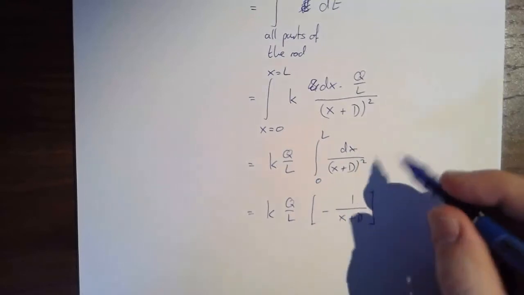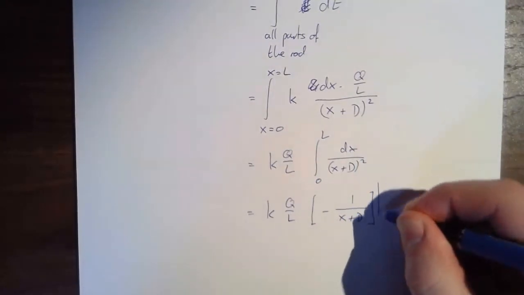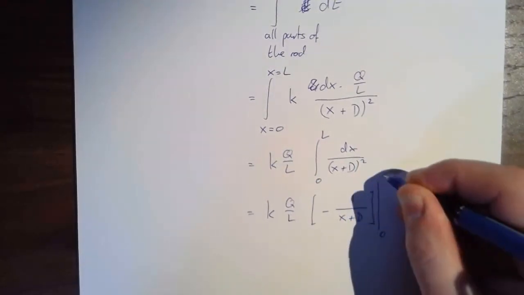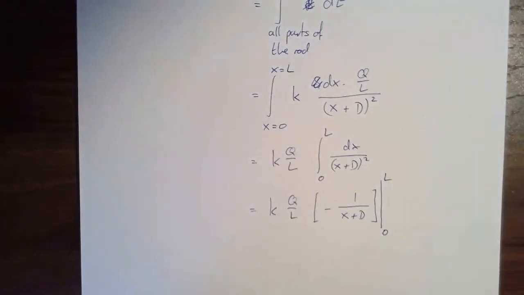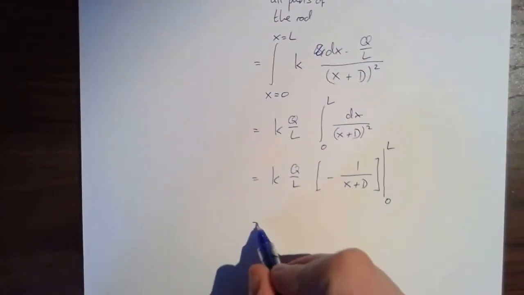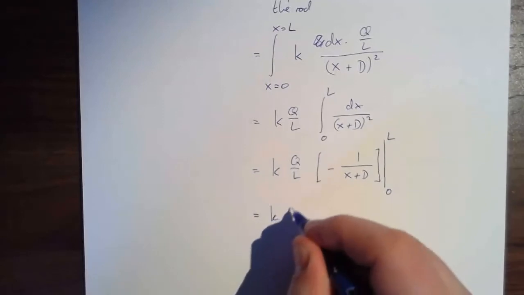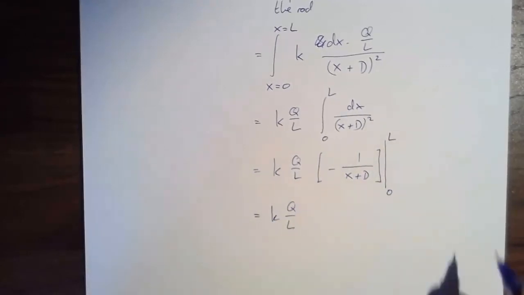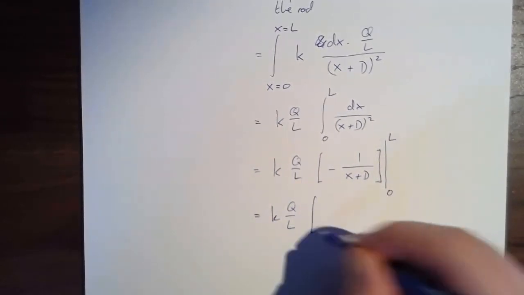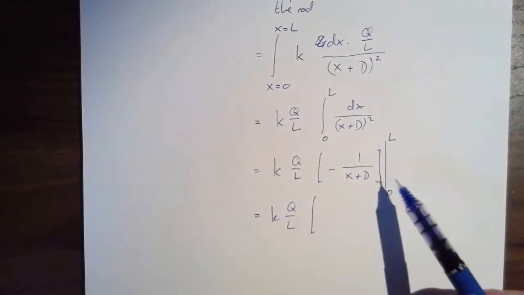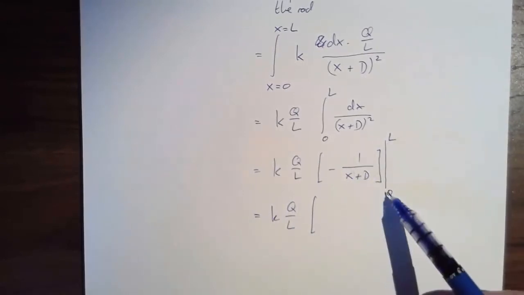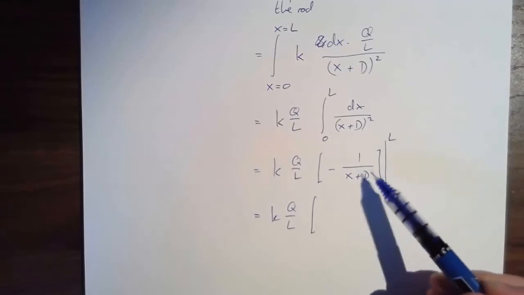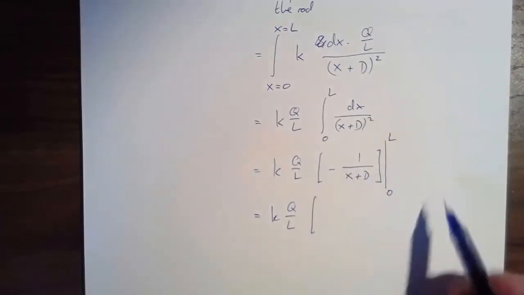My limits, I need to add my limits here. So the limits are 0 and L. You plug those in. I'm going to get k q over L times... Now plugging L in gives me something, plugging 0 in gives me something. Neither of them makes this term go away, so I'm going to have both.